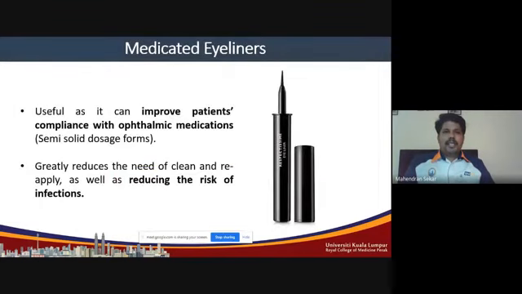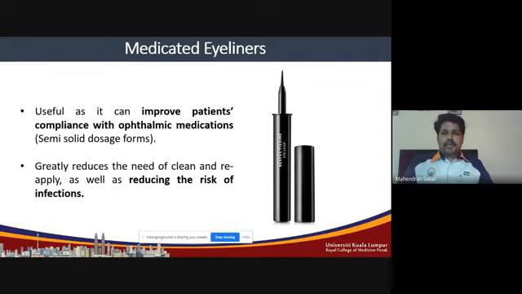And this is a medicated eyeliner. It is mainly useful as it can improve patients' compliance with ophthalmic medications. This eyeliner does not contain cosmetic eyeliner; it is different from a cosmetic eyeliner. It contains medications, especially ophthalmic medications, which can be used for patients. It greatly reduces the need to clean and reapply, as well as reducing the risk of infections.